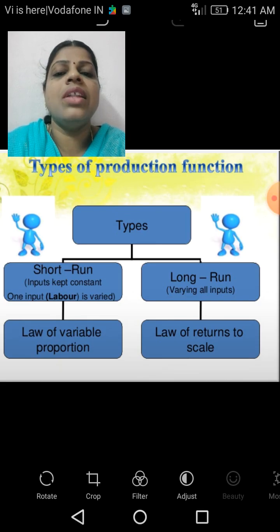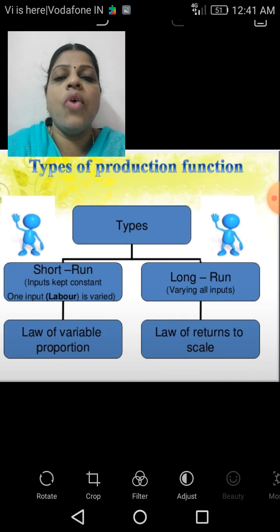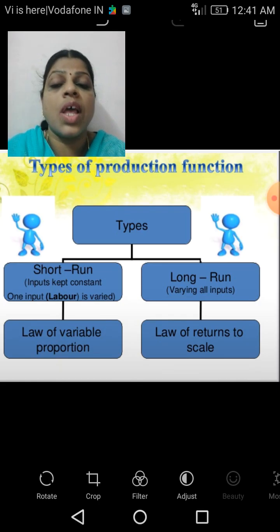Whereas in the long run, all the inputs are variable. There is no fixed factor or variable factor in the long run. All the factors or inputs that we use are variable ones. And the names are different. That is, the short run production function is known as the law of variable proportions, as well as the long run production function is known as the laws of returns to scale.